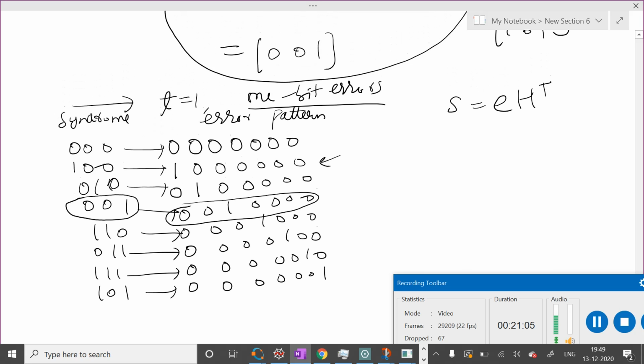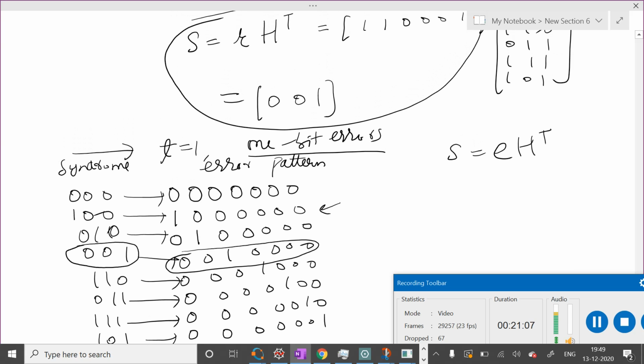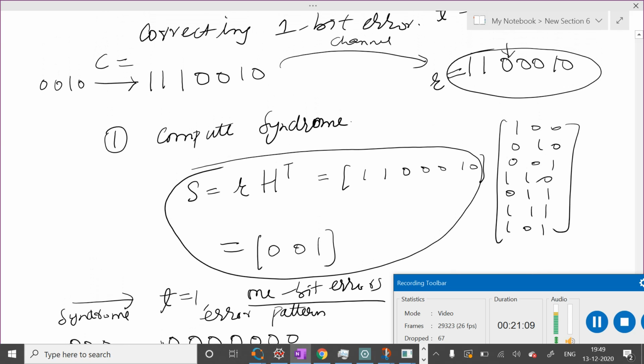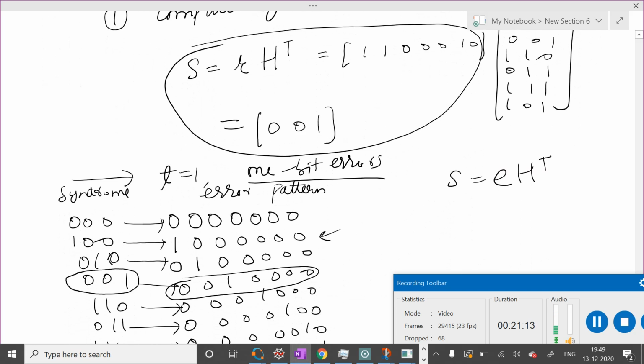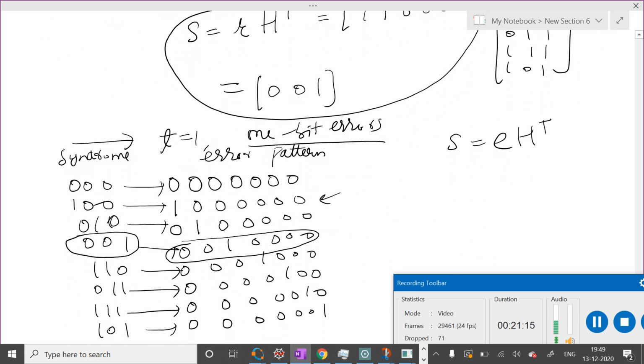Okay, in fact, if you see what that table means, this is the code word, right? If you add to this code word the error pattern, C plus E, that is actually R. Now what is C then?